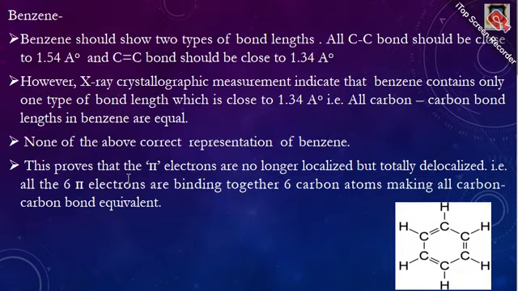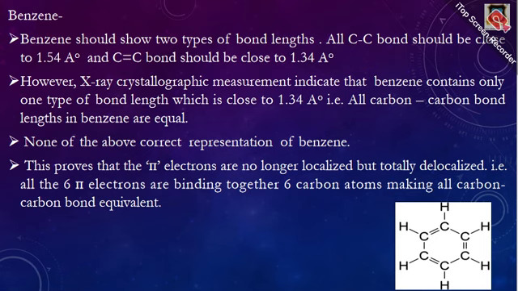Benzene should show two types of bond lengths. There are two types of bonds in benzene, carbon-carbon single bond and carbon-carbon double bond. The carbon-carbon single bond should be close to 1.54 angstrom bond length, and the carbon-carbon double bond should be close to 1.34 angstrom.